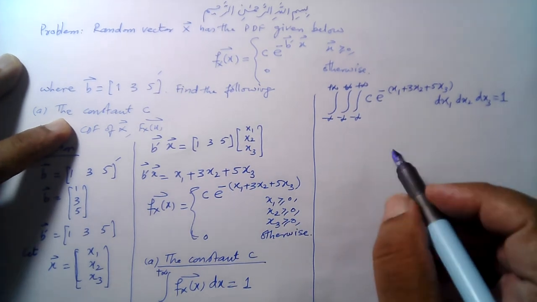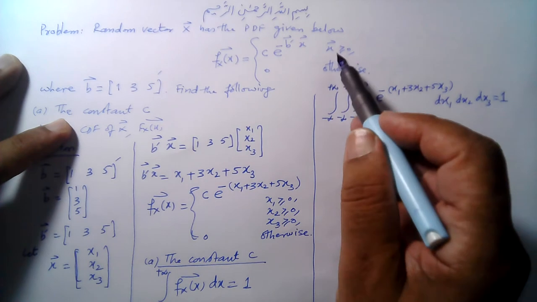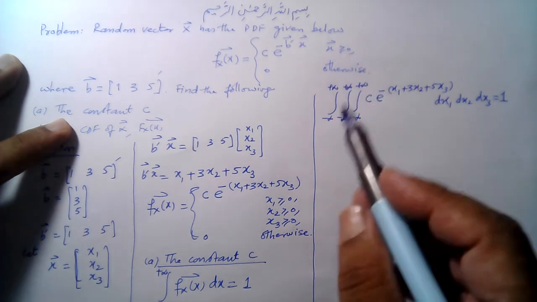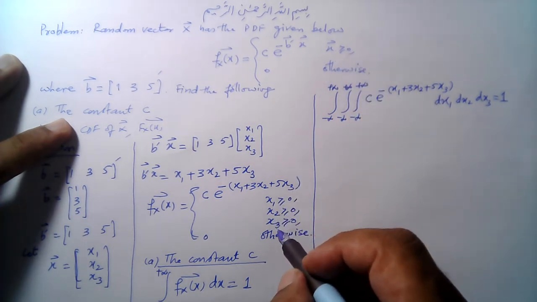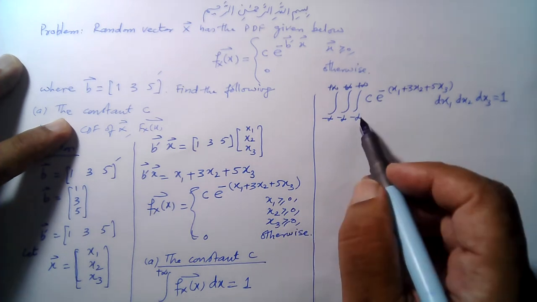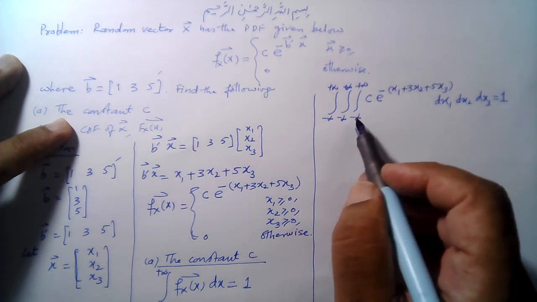So note that we are given that x bar is greater than or equal to 0, so that's why x1, x2 and x3 are all greater than 0. So the lower limit here will be 0, right?